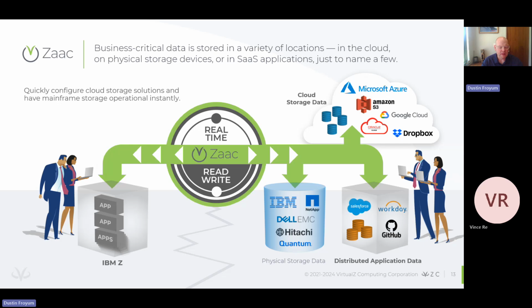So Vince, on Zach, we've touched a little bit on some of the use cases, but maybe just a little bit more on what makes Zach unique and really the power of Zach. Yeah, so honestly, this is something I'm sure everyone who views the session here is familiar with. If you forget the mainframe for a minute, for probably the last decade, there's been a lot of options where if you need more storage than is on your local system, you can use whatever cloud you want, and it's implemented in different ways.